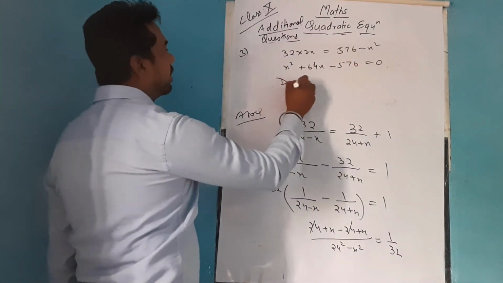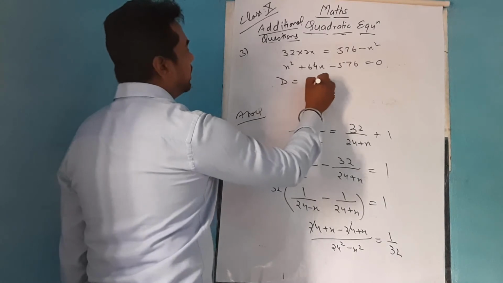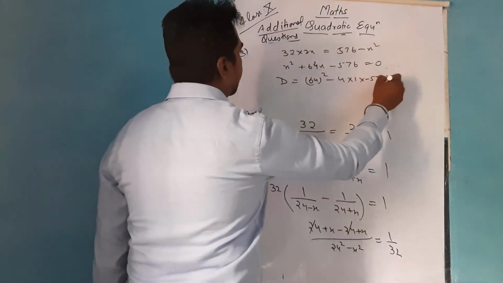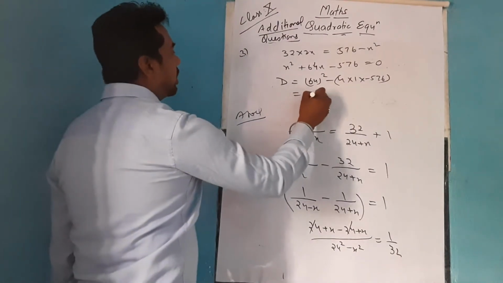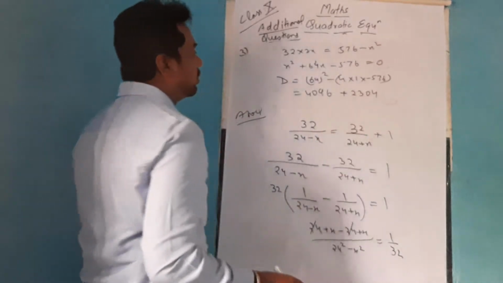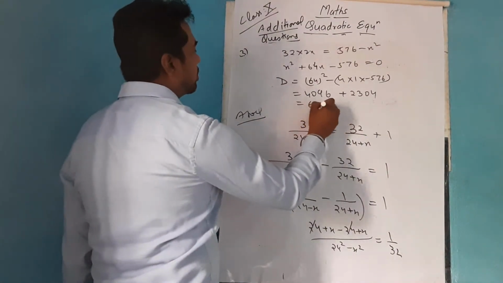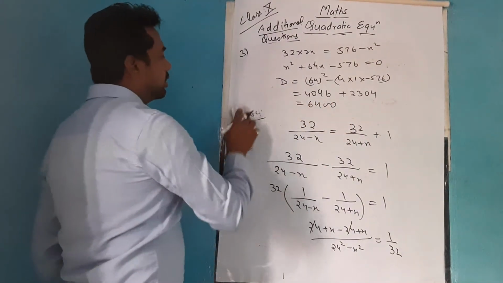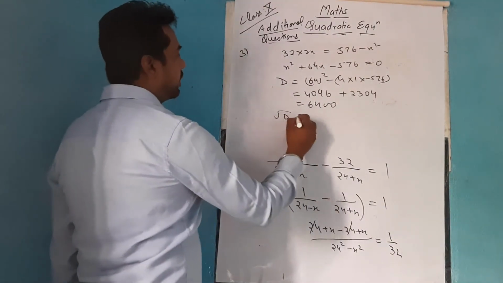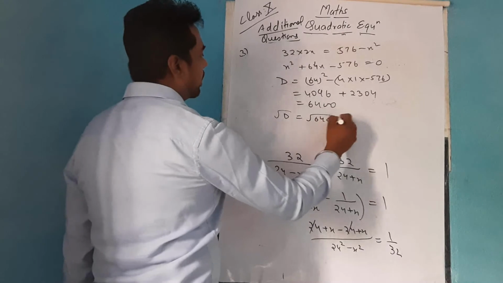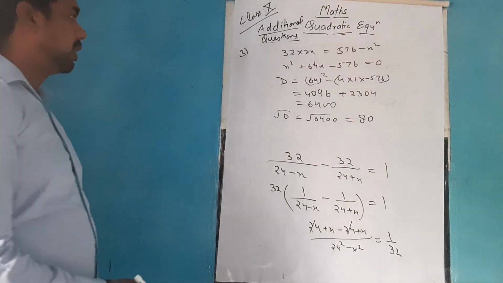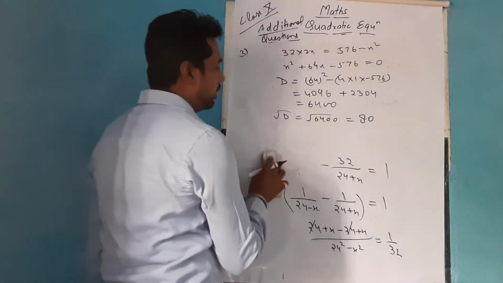First get the value of d, that is b square minus 4ac, minus 576. So that becomes 4096 plus 2304, that becomes 6400. Now the value of under root d will be under root 6400, that equals 80.